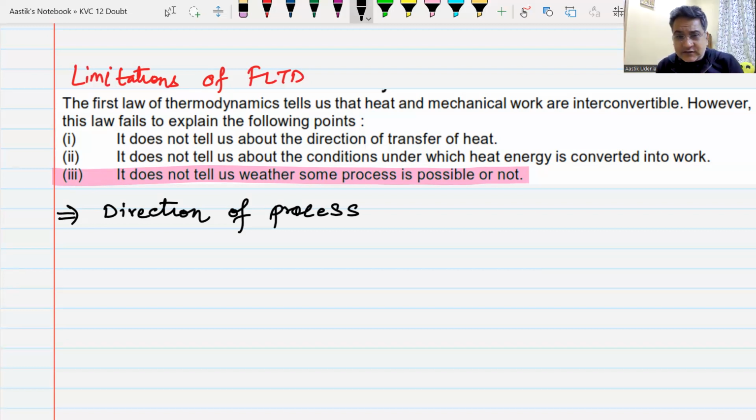The reverse process, where someone puts words in my mouth and I get energy, well, you know that process is not possible. But according to the first law of thermodynamics, that process is also possible. So if I am speaking and losing energy, and someone puts words in my mouth, I would be able to gain energy. That is not possible. That is the limitation of the first law of thermodynamics.